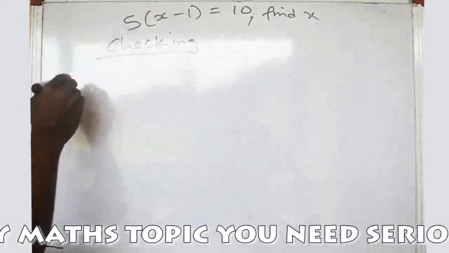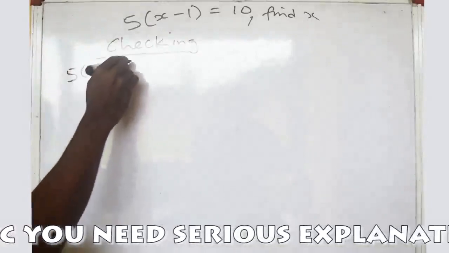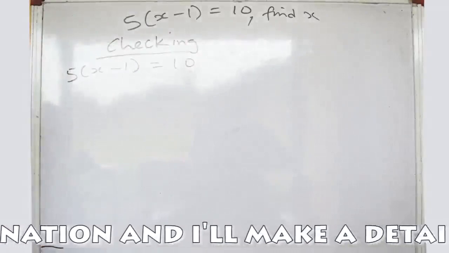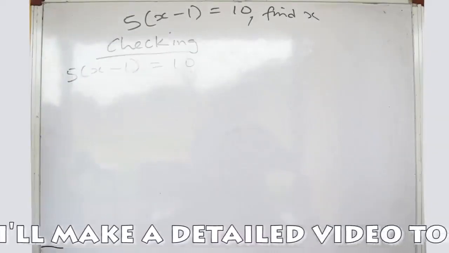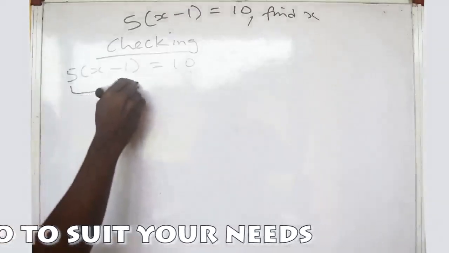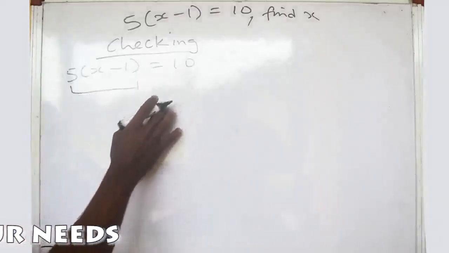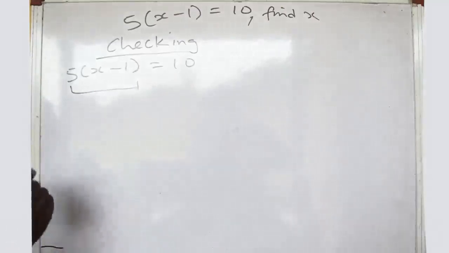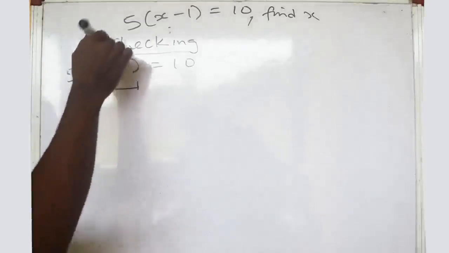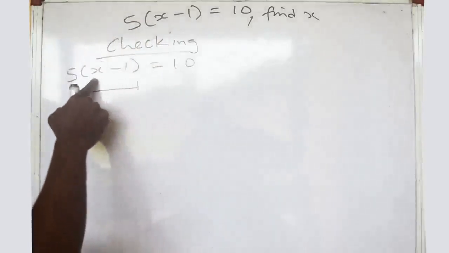So let us bring down the given question again and read meaning to it. So in this given stuff, we have to compare whether the left hand side is the same thing as the right hand side. Since the right hand side has already been known as 10, let us substitute or replace the value of what?